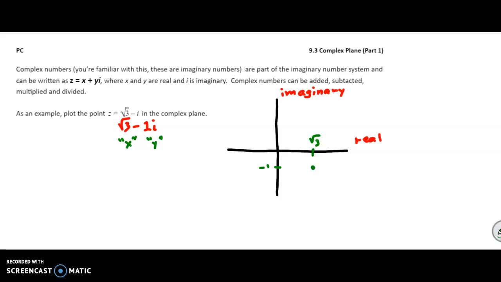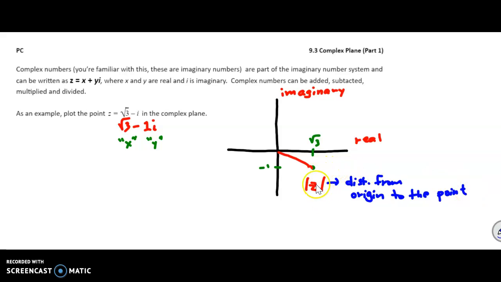Now this portion, I'm going to quickly do because this is going to relate to another example. This is the magnitude of z. The magnitude is the distance from the origin to that point, which I've written right here.